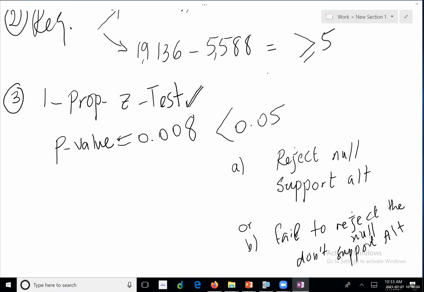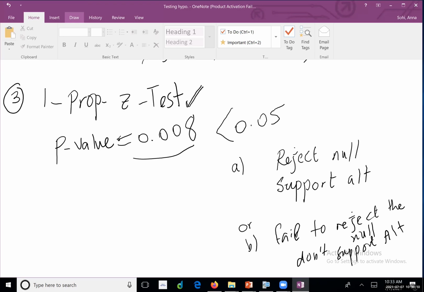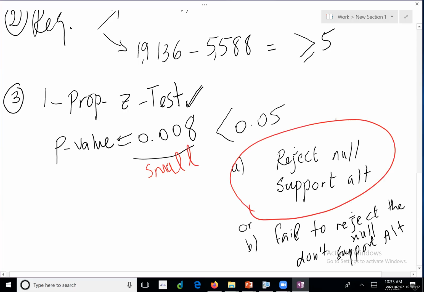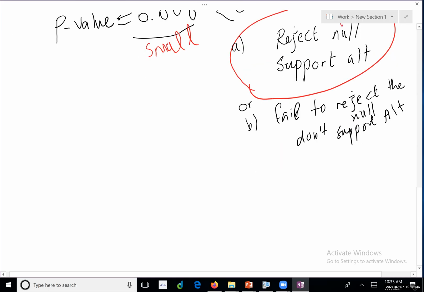Excellent to those who are sending it correctly. So when p-value is small, that's associated with reject the null and support alternative. So that means there is enough evidence, or there is not enough evidence.